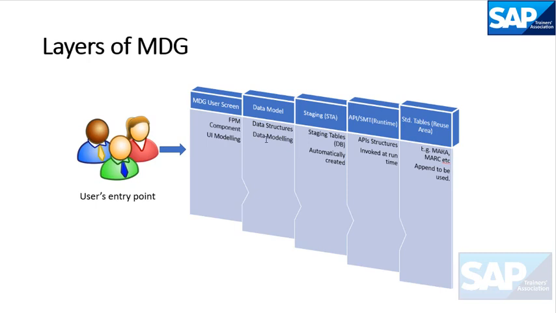Then from the data model to the APIs, we have a middle layer called the staging layer that holds the data. It's a real database table which will hold the data until the CR is approved. So once you save the data, it doesn't go to the Mara table, it goes to the staging table.